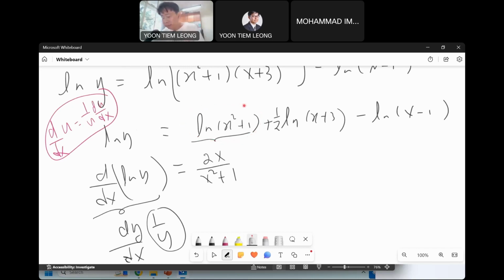So using this very simple rule, I can calculate the derivative of the log. Here I'm using u as x squared plus 1. So I call this u, which is equal to x squared plus 1. Then I can easily calculate the derivative of the log to be just given by this expression using the derivative of u.